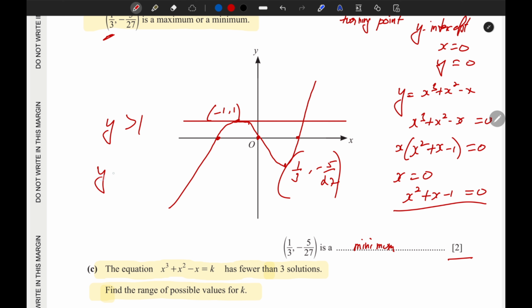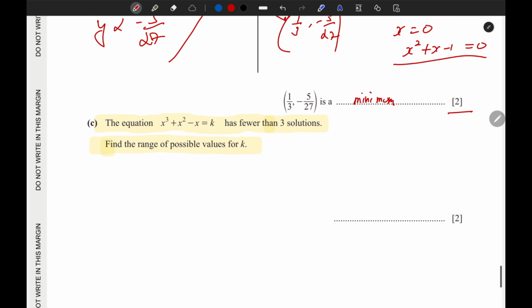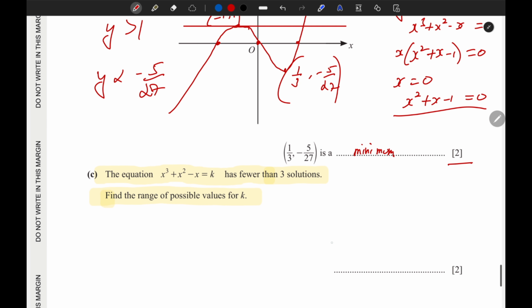So y should be less than minus 5 by 27, because if it is greater than minus 5 by 27, this will have 3 solutions, which we don't want. We want less than 3. So it will just touch it at this point. So it should be less than minus 5 by 27. So the possible values of k are k greater than 1 or k less than minus 5 by 27.